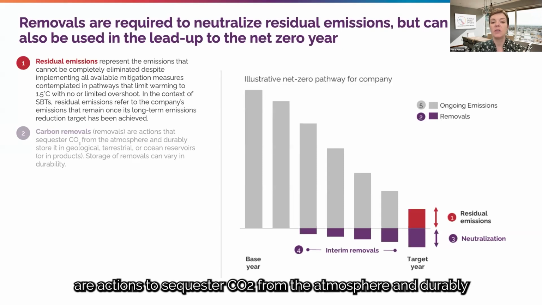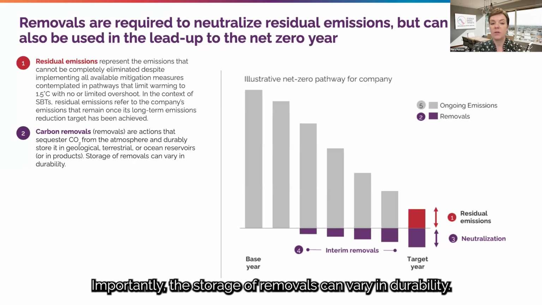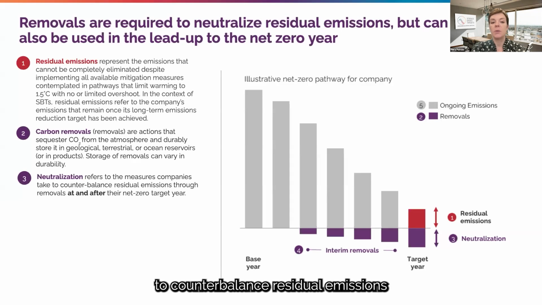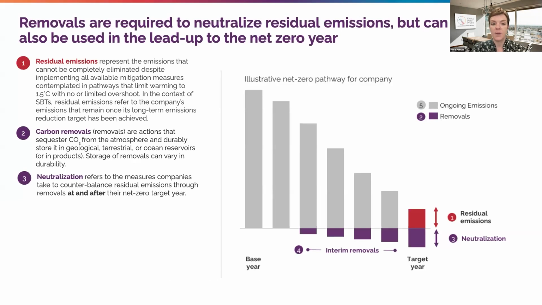Removals are action that sequester CO2 from the atmosphere and durably store it in geological, terrestrial, or ocean reservoir, or in products. Importantly, the storage of removal can vary in durability. Neutralization refers to the measure company take to counterbalance residual emission through removal at and after the net zero target year.